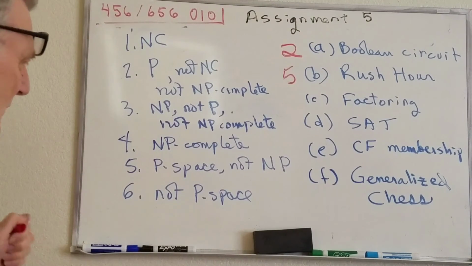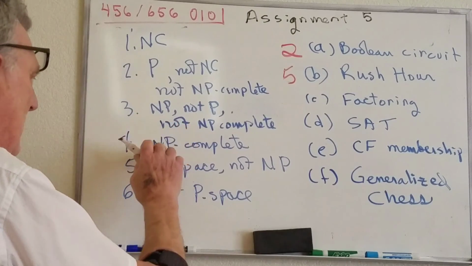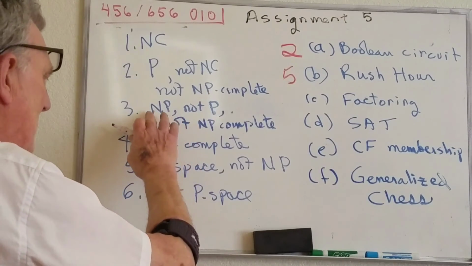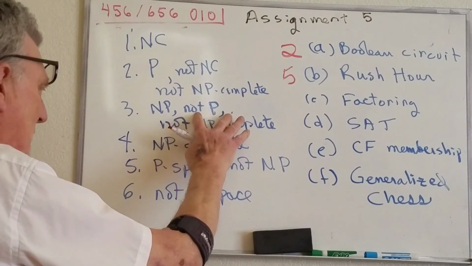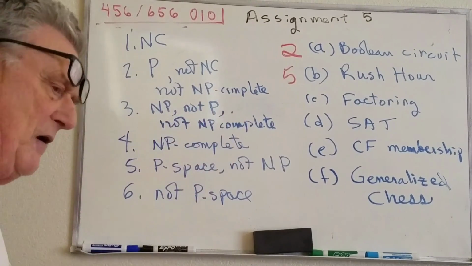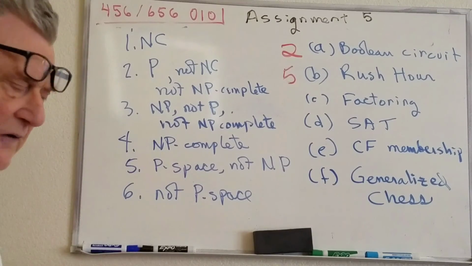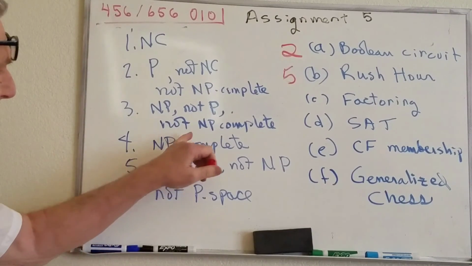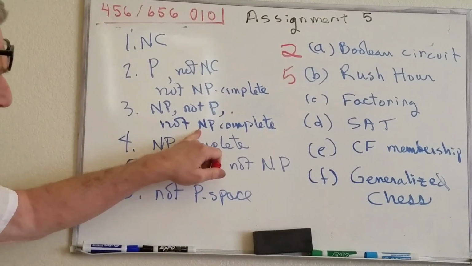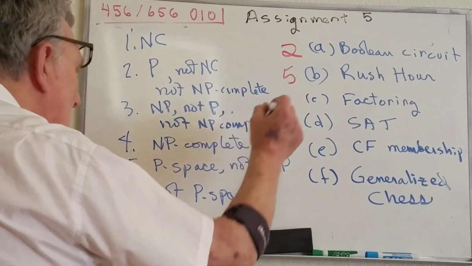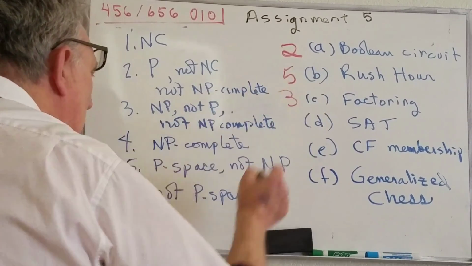So this one is an example of a problem that is in the class NP. It's not known to be polynomial. If it were, then RSA coding is insecure. But it's also not known to be NP complete. That problem is also open. So that's in category 3.